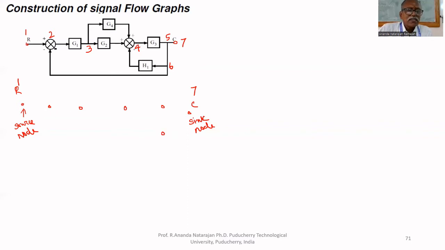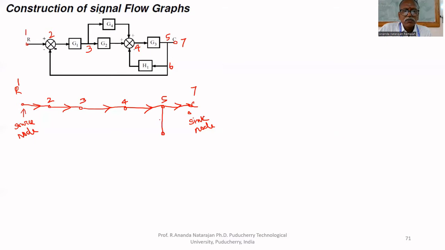We have to mark the directions. Direction is from 1 to 2. From 2 to 3. 3 to 4. 4 to 5. 5 to 7. 5 to 6 also in the same direction.